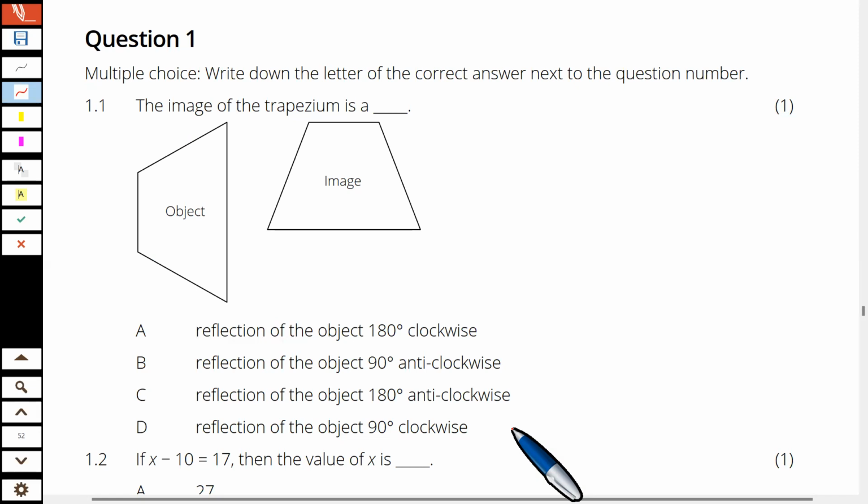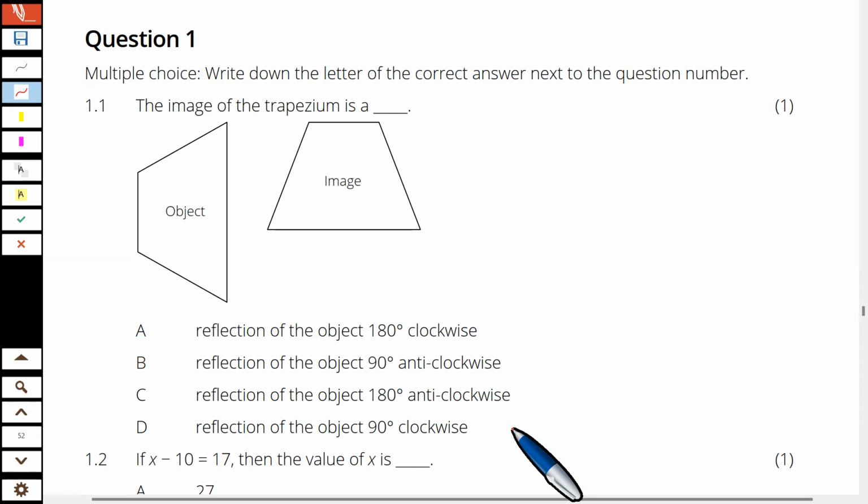What do you think is the answer? Is it 90 degrees clockwise? Right, now we are speaking of reflections here.